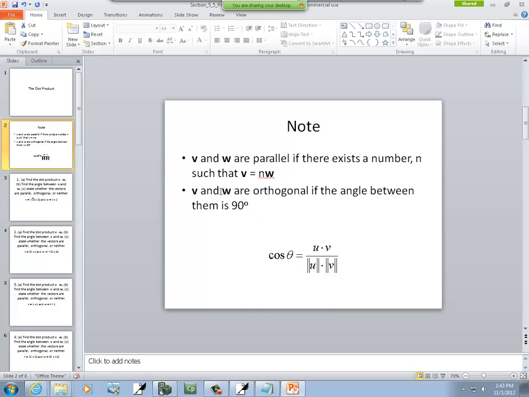And then orthogonal if the angle between them is 90 degrees. Now 90 degrees, remember the word we used before, perpendicular. Well, orthogonal refers to vectors. Same idea. Now to find the angle between them, use this formula. You got cosine theta is equal to the dot product, that's not u times v, that's a dot product of u and v, over the magnitude of u times the magnitude of v.